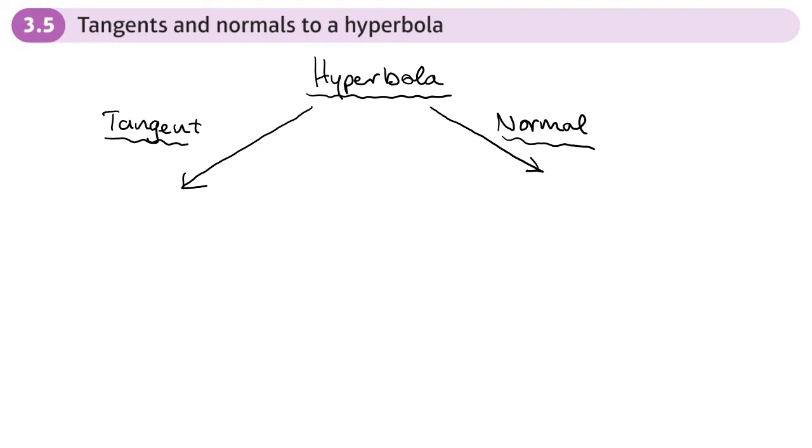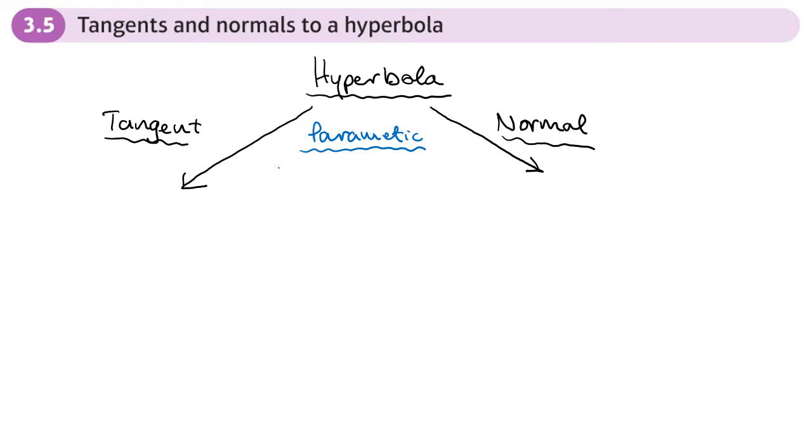Now remember, the hyperbola, the general points can be given in two ways. So remember, we're looking at the parametric form. It is going to give us the points that we need to prove these results.